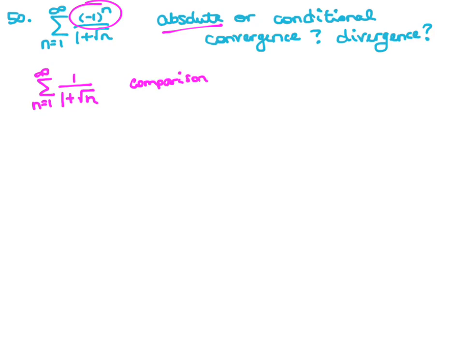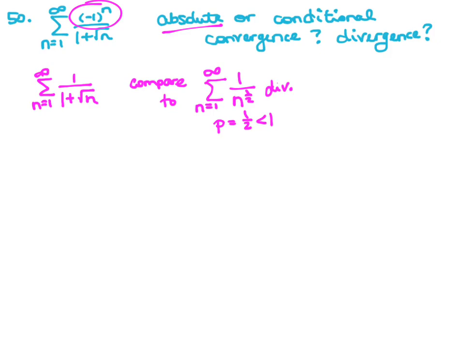We would compare to 1 over n to the 1/2, or 1 over the square root of n. And in this case, that is a p-series, and p equals 1/2, which is less than 1, and that means that my comparison here diverges.